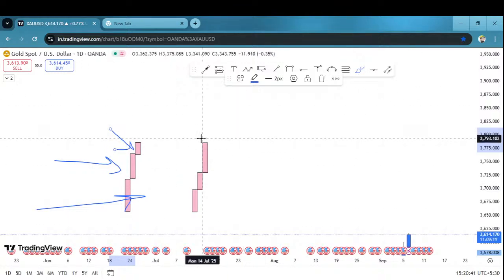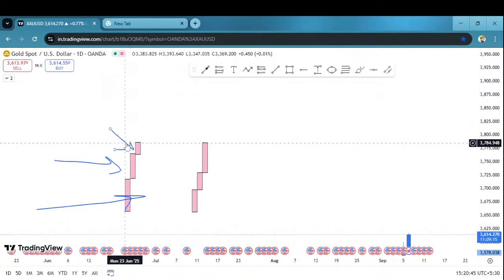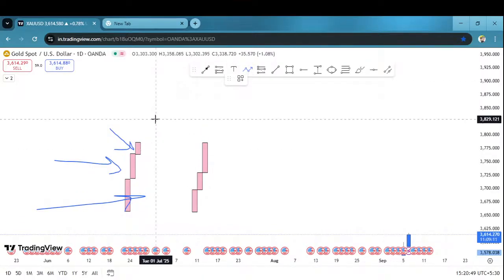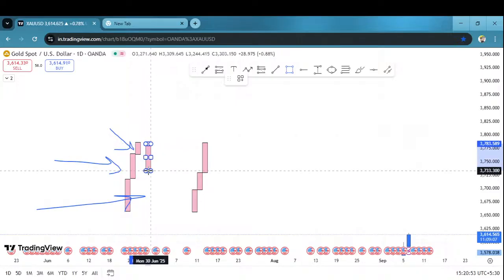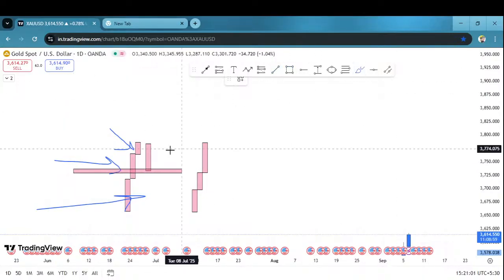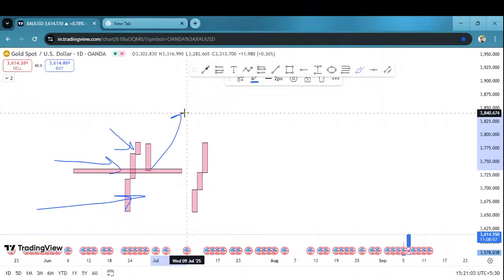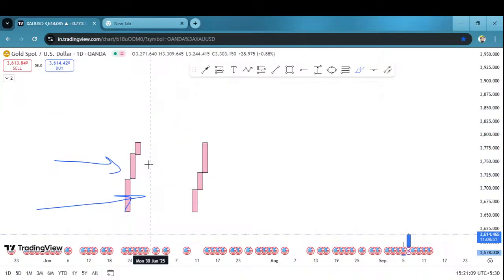In this type of situation, you should avoid taking buys. You should wait for a retracement, or maybe you can predict the next candle which can come down here. And if you find some kind of previous structure here, then we can have a good buy side trade somewhere from this zone.